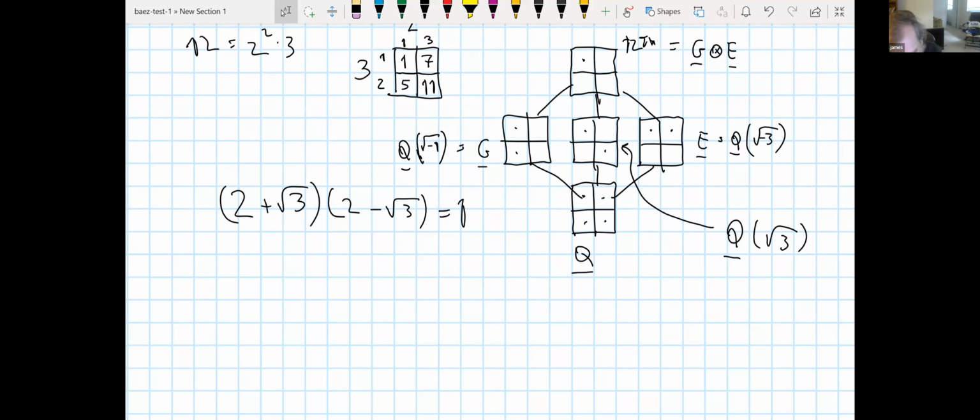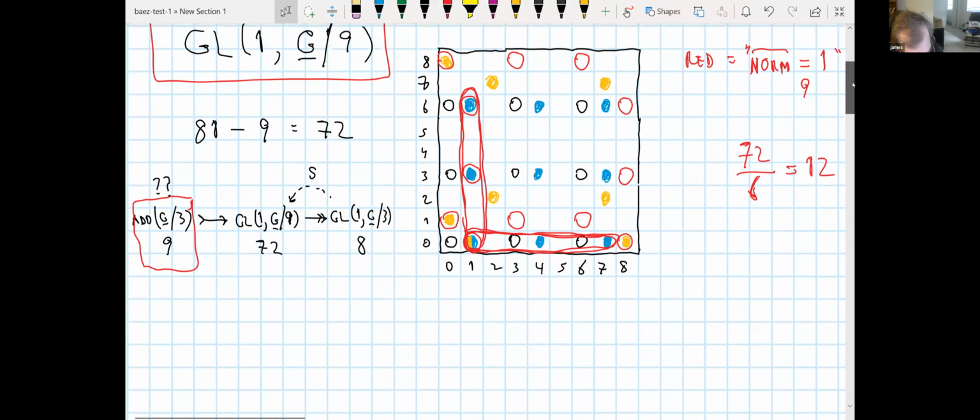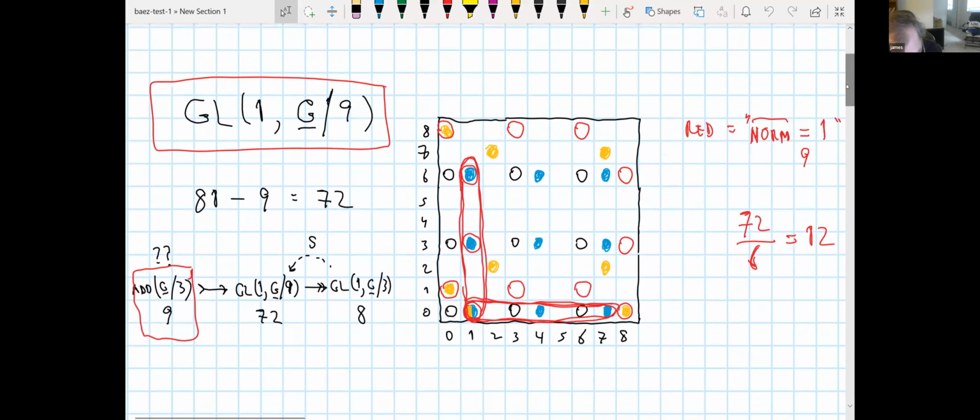And so it seems like what we're saying is that when we look at this multiplicative group, GL1 modulo the Gaussian integers modulo 9, and when we notice that it has more index 3 subgroups than I was expecting. I was only expecting one, and it turned out to have 2 of them.